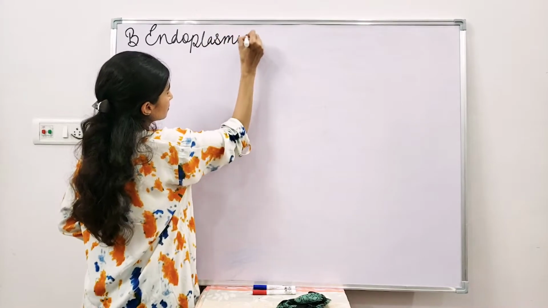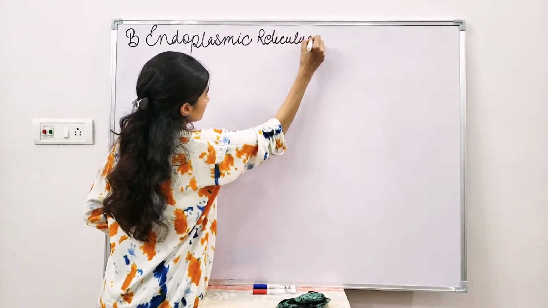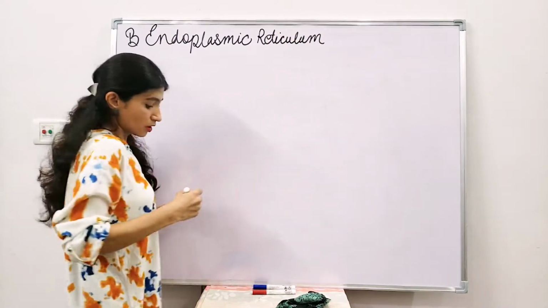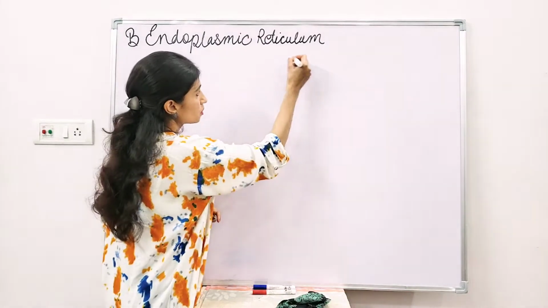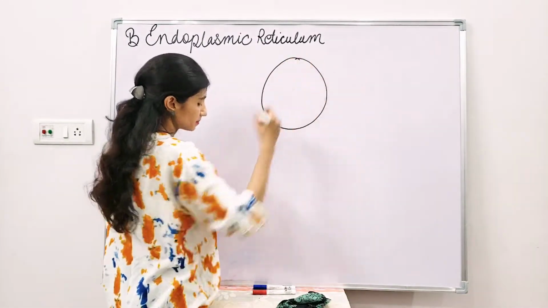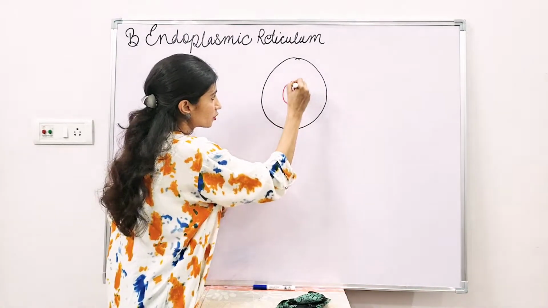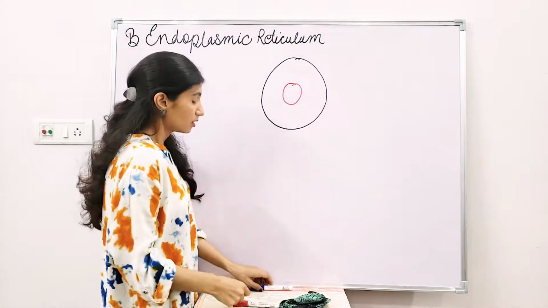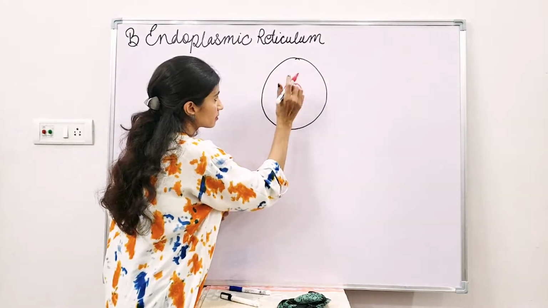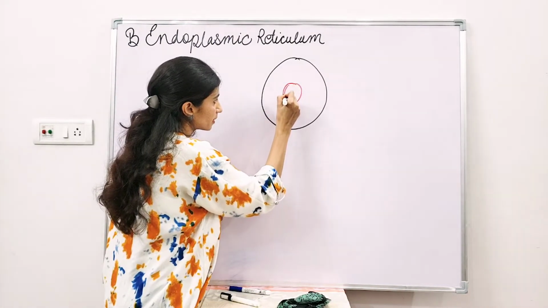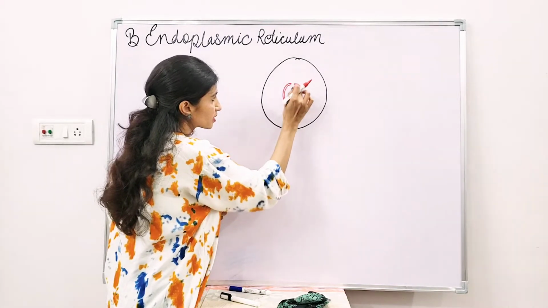Endoplasmic reticulum. Okay, so we'll see with the help of a small diagram over here. So this also is your cell. This is your nucleus. Now around this nucleus, I just make it double membrane because the nucleus was double membrane in structure. So this is a double membrane and it's porous in nature.